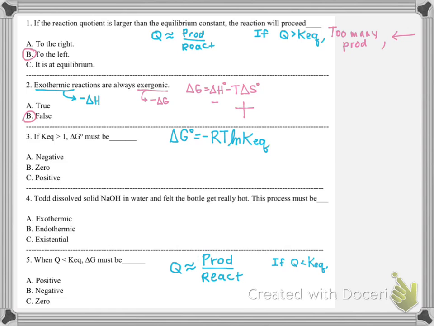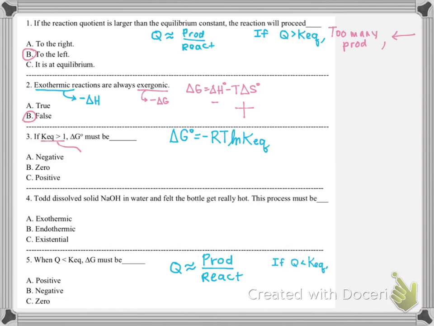For number 3, it says if KEQ is greater than 1, delta G standard must be blank. Here I've written the equation for relating delta G standard and KEQ together. If you'd like, you can plug in a number that's greater than 1 into this equation and see what sign you get on your delta G standard.